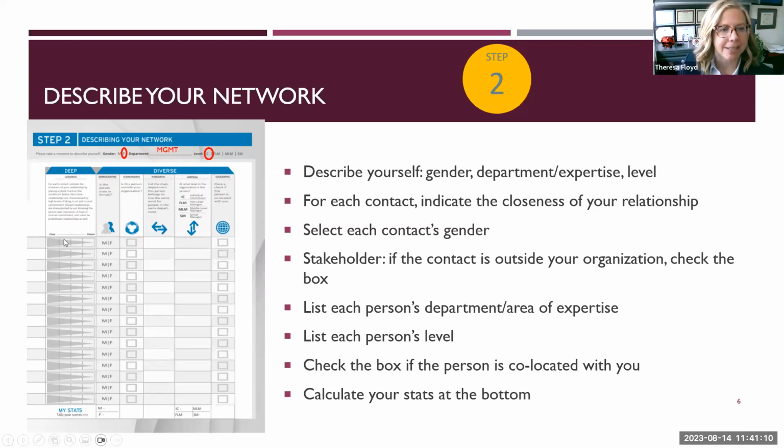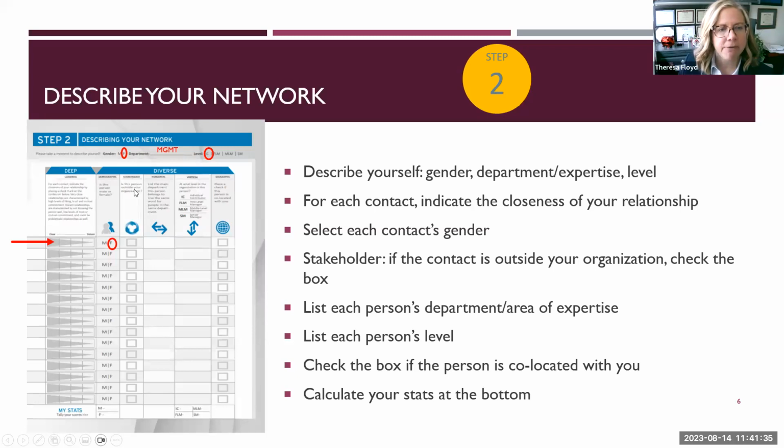For each contact, first indicate the closeness of your relationship here. On this end of the triangle is incredibly close relationships, and on this end is very distant, with a couple of options to denote relationships that fall in between. Then select each contact's gender or write in as appropriate.